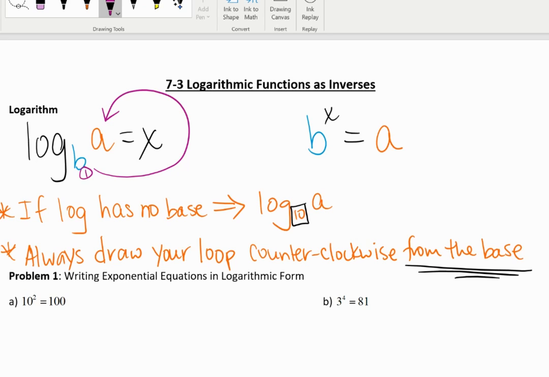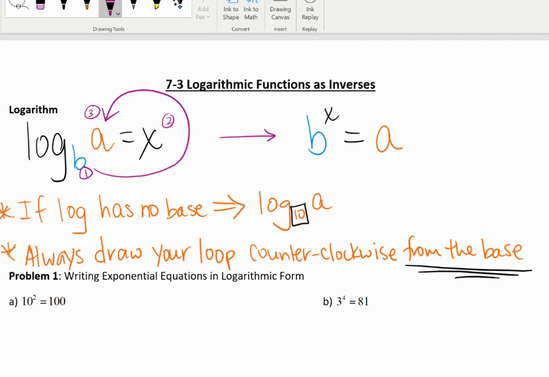And if there is no base, no little number down there, it's log base 10. So we start at b, then we'll go to x, and then to a. So log base b of a is equal to x, and that translates to that exponential form because we go b to the x is equal to a.